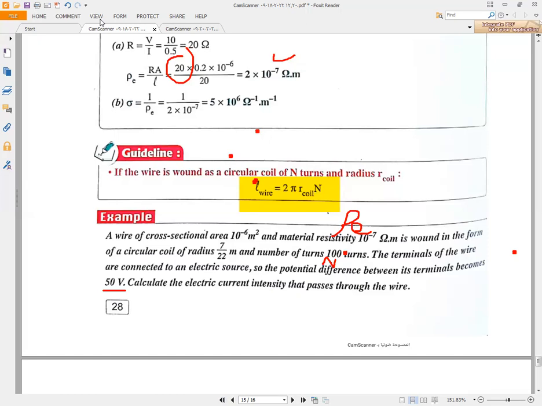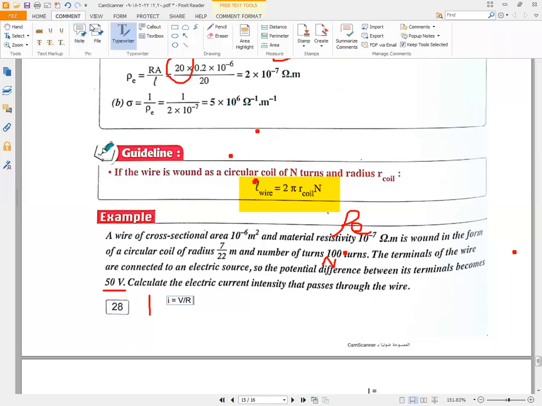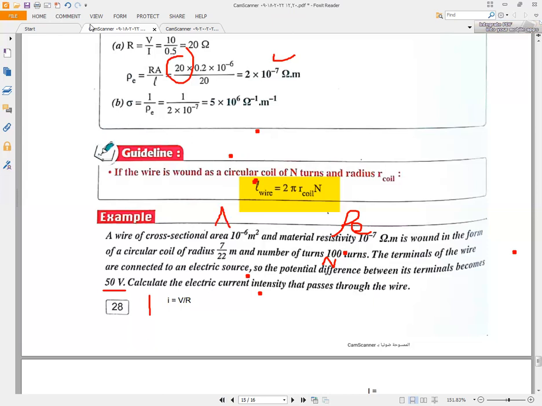To calculate the electric current intensity, we have Ohm's law: I equals V over R. We want to calculate R. R equals rho L over A. Here we have rho, and we have the cross-section area, and we have the radius and the number of turns.